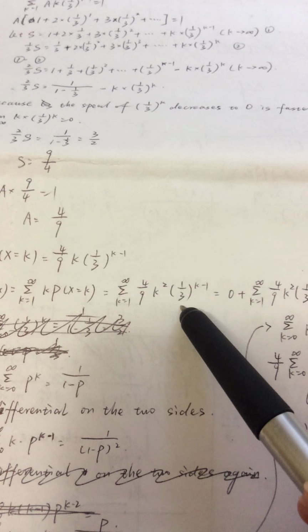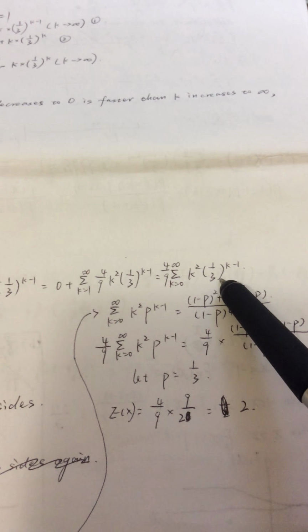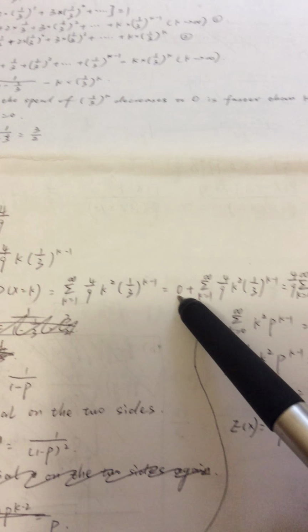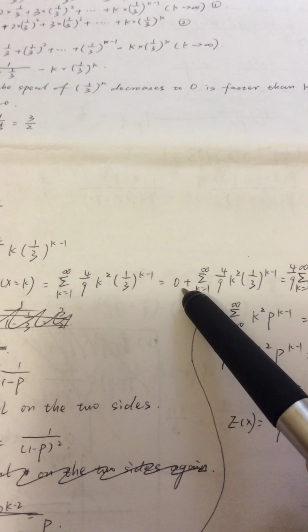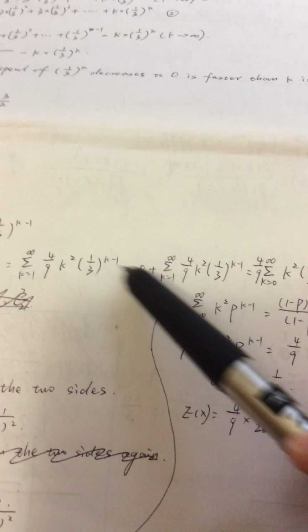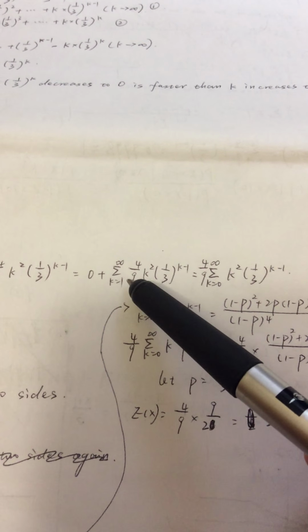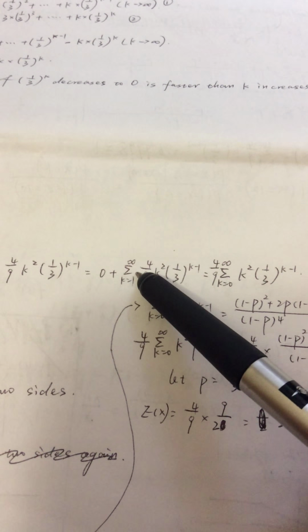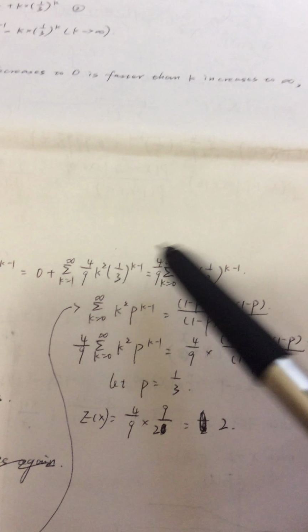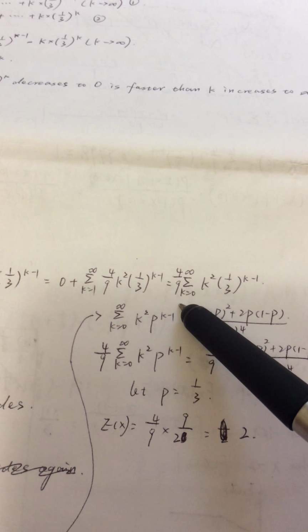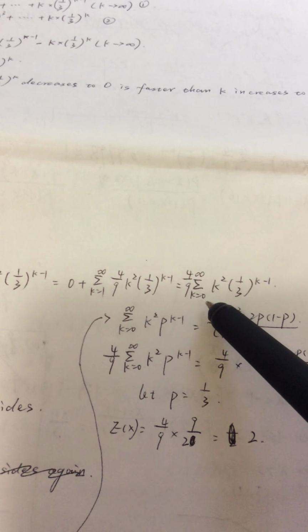And then we rewrite it. Because when k is 0, this part is 0, so we can extend the accumulation, so the range is from k starts from 0 to infinity.